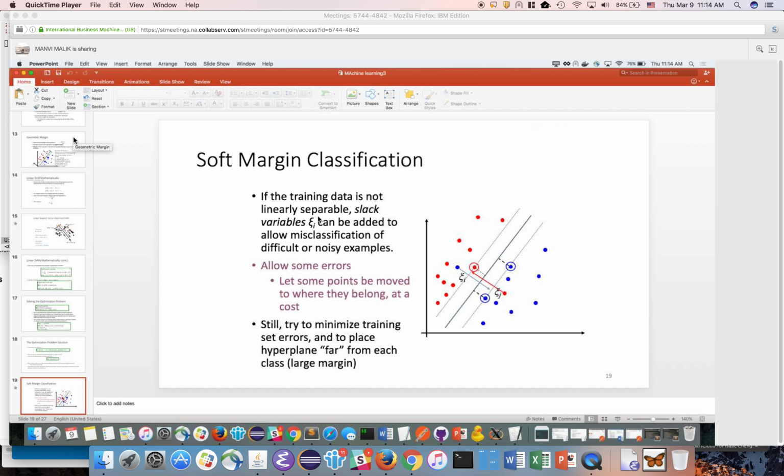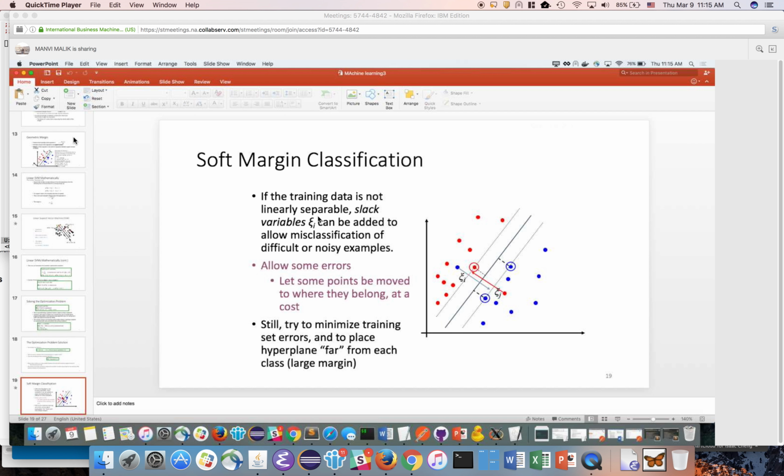Then comes the category where the data is not linearly separable. In that case, we call it soft margin classification. We add some slack variables to allow misclassification. The idea is that we allow some errors, letting some points move to where they belong at a cost.